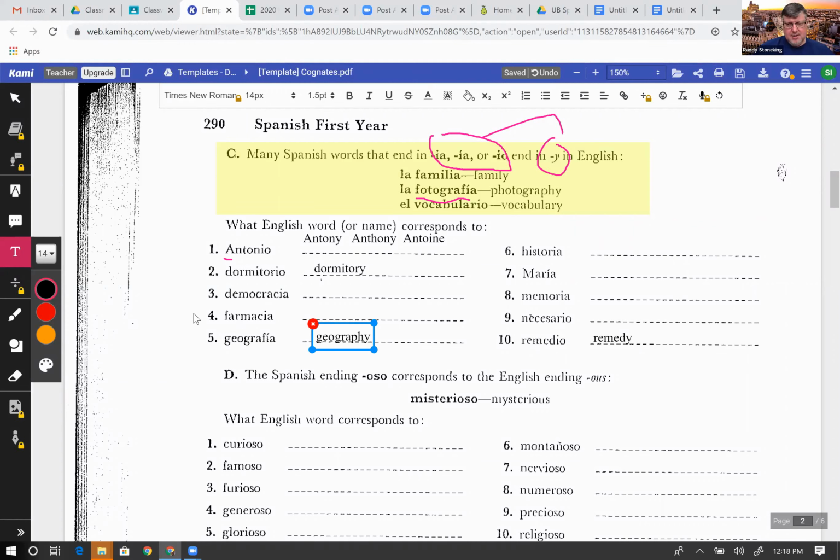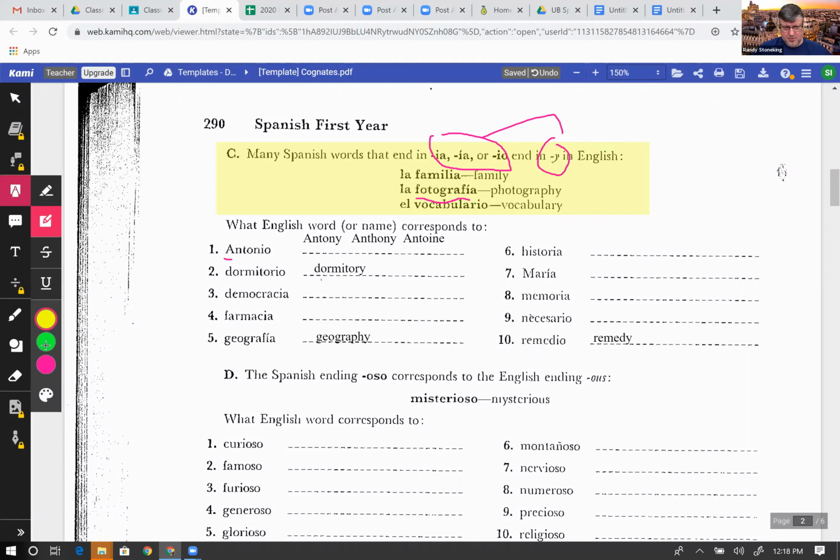But anybody think you could pronounce the Spanish word? Let's see if somebody could pronounce that word. How would we pronounce that in Spanish? Any takers? Any triers? Let me see my list so I can find you guys.